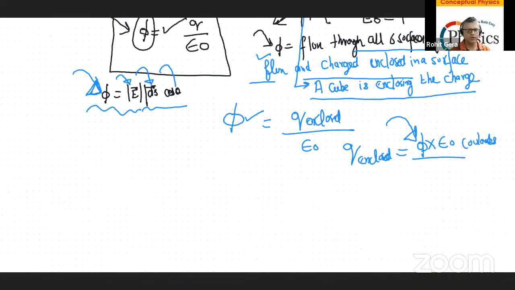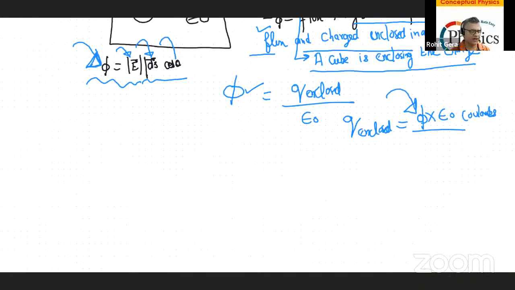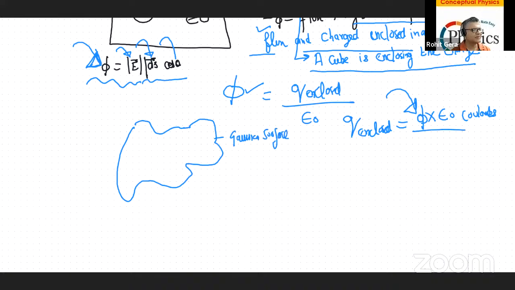Let's say you have a situation like this. This is my Gaussian surface which I've drawn. There are two charges in it, 4 coulomb and -2 coulomb.